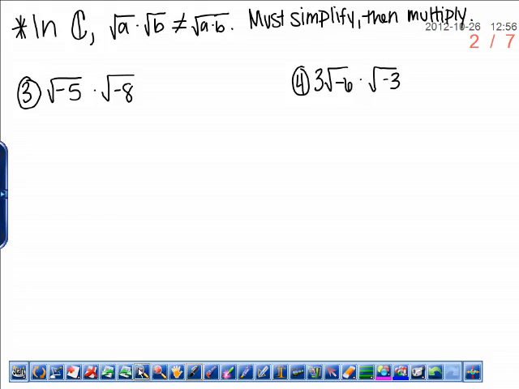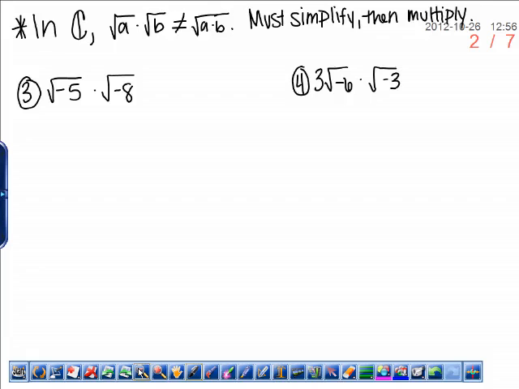Okay. In the complex number system, that C with the double back means complex numbers. In the complex number system, the square root of a times the square root of b does not equal the square root of a times b. Okay? You have to simplify first, then multiply.